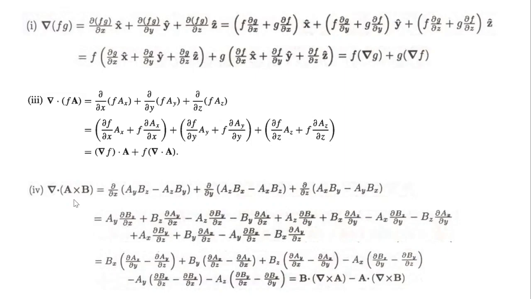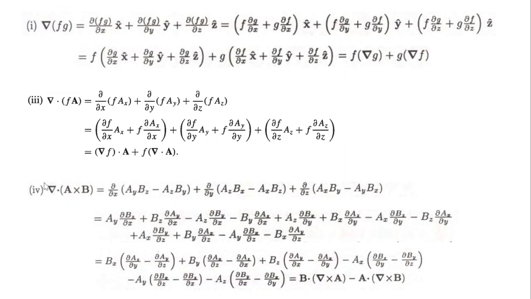Second row you have ax, ay, az. Third row you have bx, by, bz. So a cross b will give you ay, bz minus az, by into x cap plus az, bx minus ax, bz, y cap plus ax, by minus ay, bx, z cap.